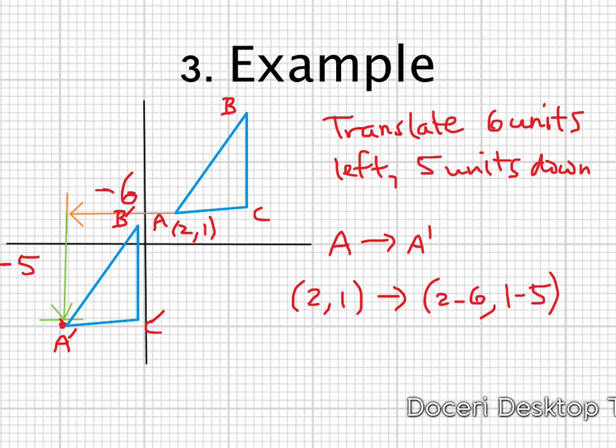So my A is at 2, 1, my A prime is at -4, -4. So that's a translation. And to find B and C, you would do the same process, just using the coordinates for B and C.